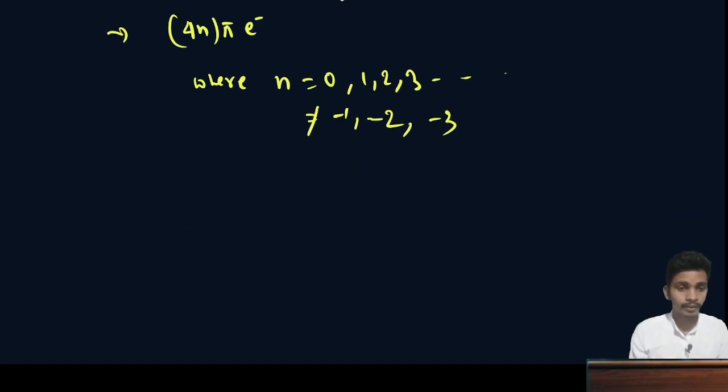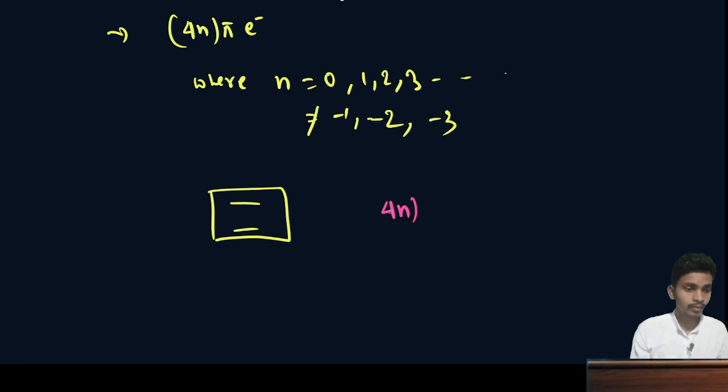Let's say we have a compound like this. So here, for 4n pi electrons, how many pi electrons are there? 1, 2, 3, 4. That is 4.